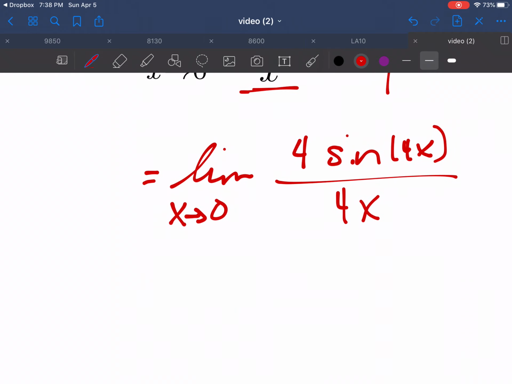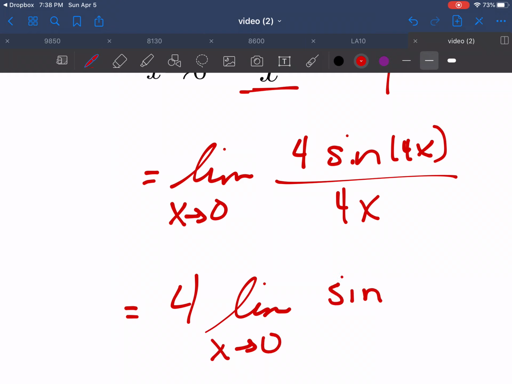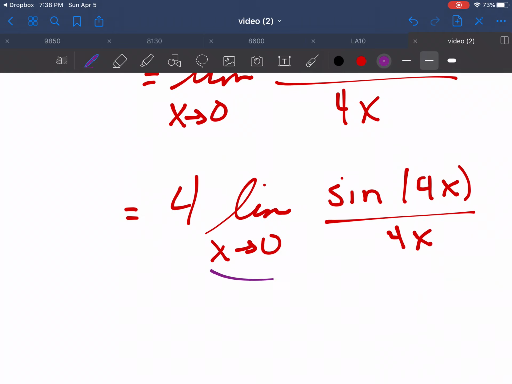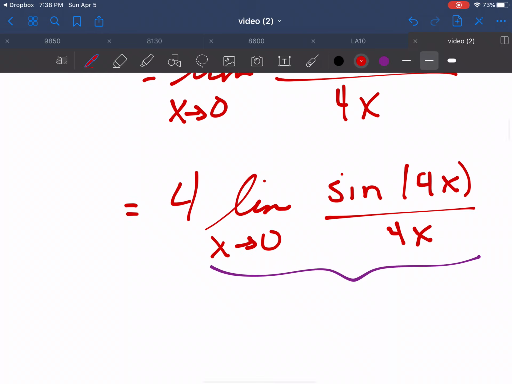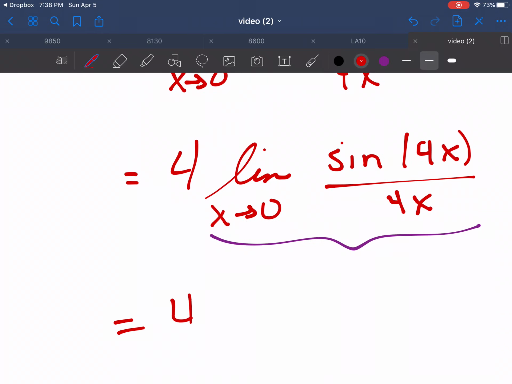I can pull that 4 out front because it's just a constant. Then we know that the limit of this is equal to 1, so we just have 4 times 1, so just 4.